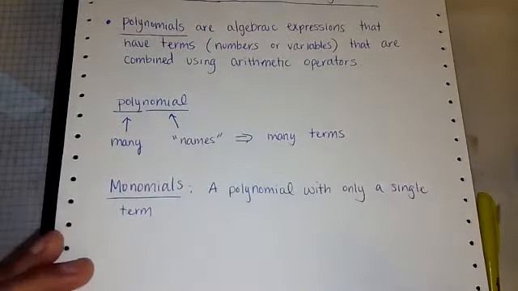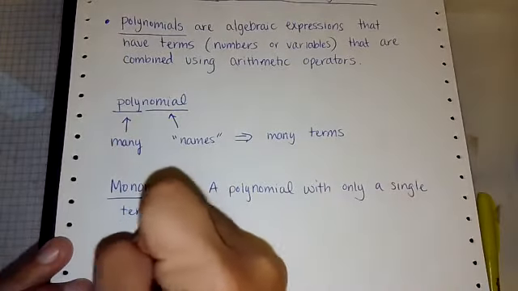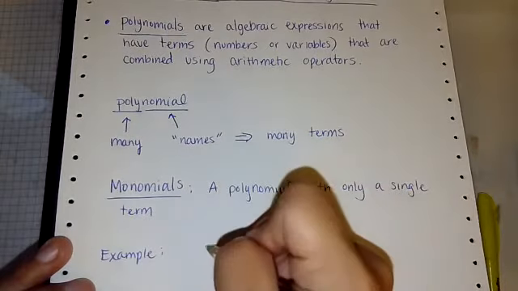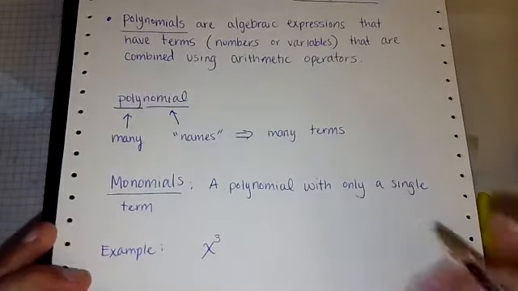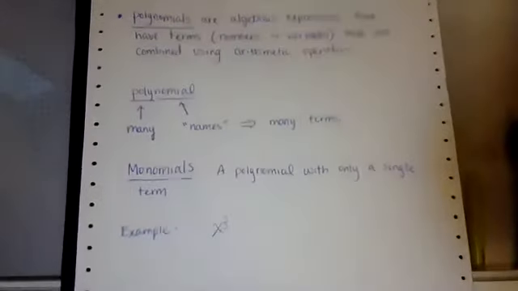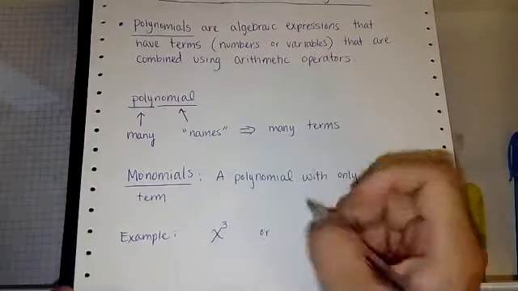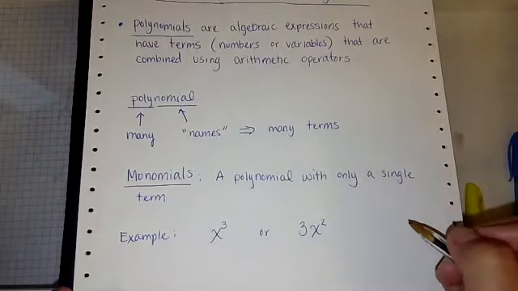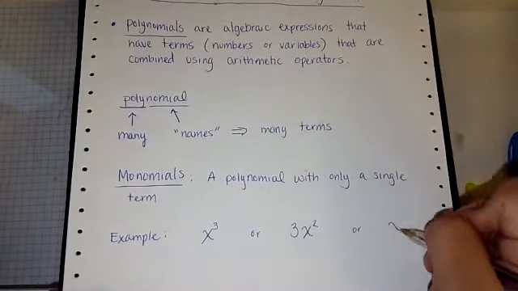Some examples of a monomial would be something like, let's say, x to the third power. Or 3x squared. Or simply x.